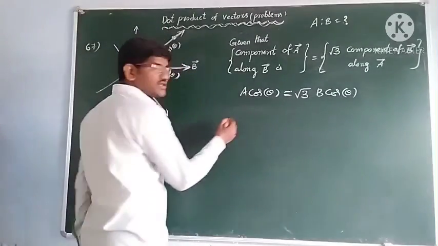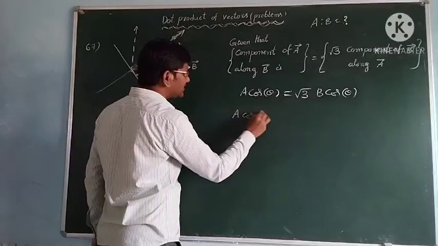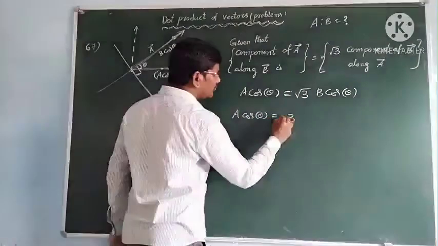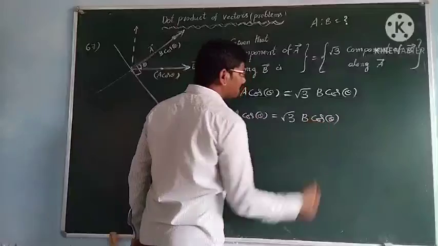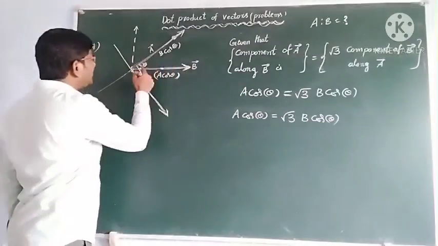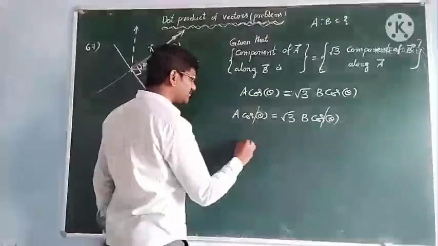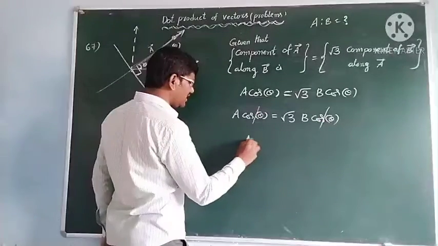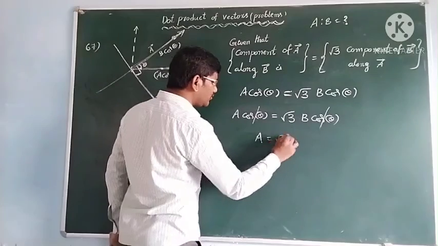Okay students, we got it like this: a cos theta is equal to root 3 into b cos theta. The angle between a and b is the same, that is theta only. This cos theta gets cancelled. Then a is equal to root 3 into b.